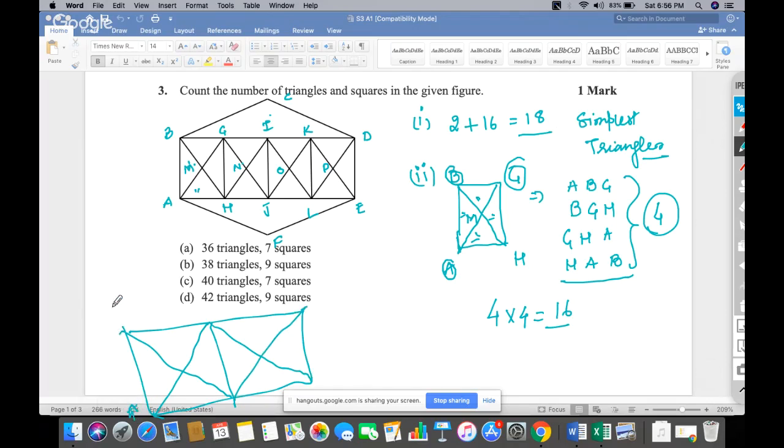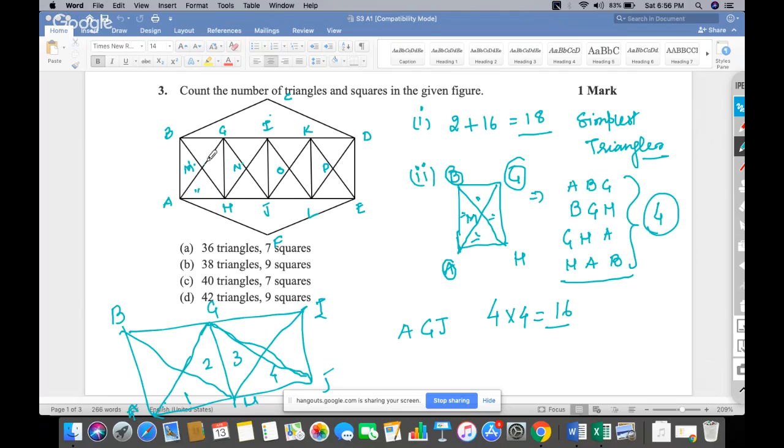This is A, this is B, this is G, H, this is I, J. So I'm adding 1, 2, 3, 4 components here, and I'm getting A, G, J as one of my triangles, and one is exactly opposite to it.